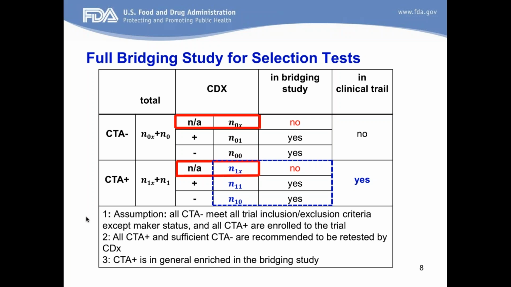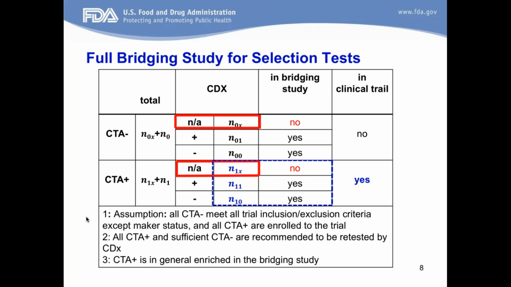So in the full bridging study, ideally all CTA positive enrolled patients will be retested by CDX. But there are at least two possibilities where this may not happen. For example, the specimen may not be available because during the CTA test stage, all the specimen collected from the patient was used up. There's nothing left.